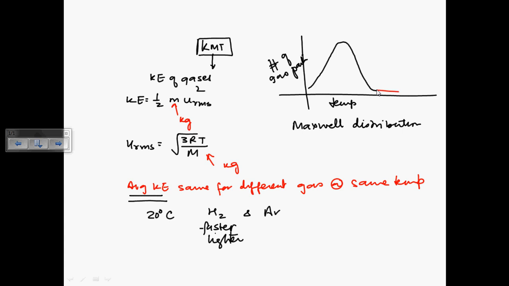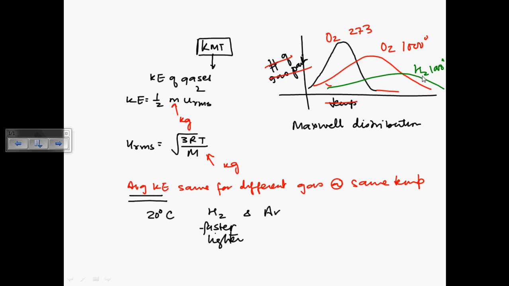So here is oxygen at 273, and then you have oxygen at 1000 degrees, and then you have hydrogen at 1000 degrees.